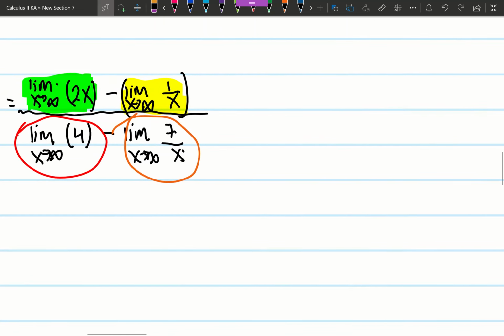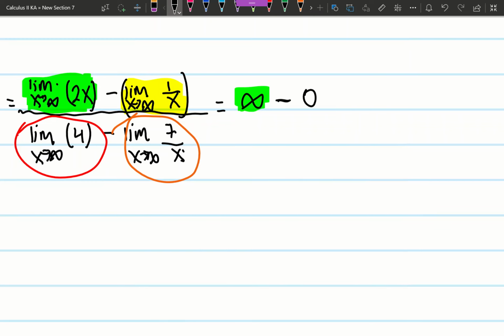So then this is going to be equal to, as x approaches infinity, 2x is going to equal infinity, right? So this part is infinity. And then minus, the limit as x approaches infinity of 1 over x is actually going to be 0.